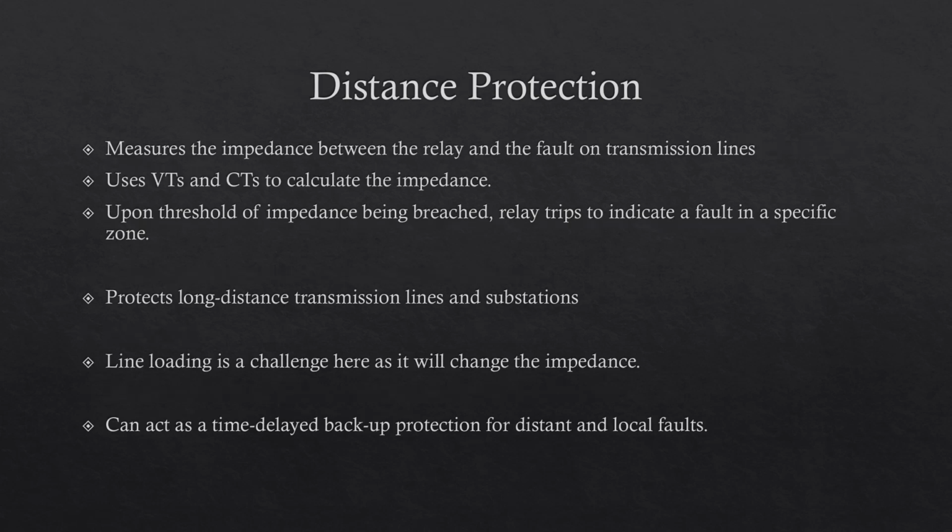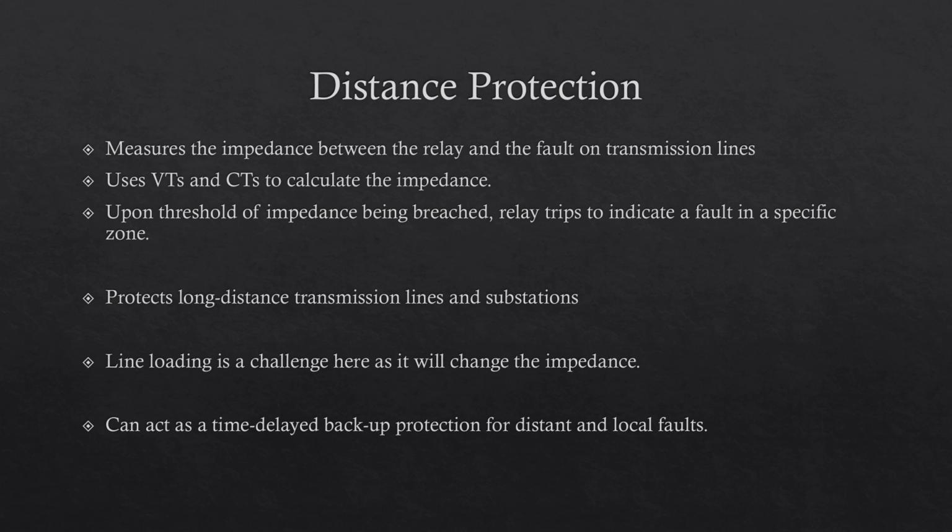Distance protection. So this is for a transmission line, which, because of the length of line, will have an impedance to it. So it basically uses the aforementioned combination of a voltage transformer and current transformer to calculate the impedance.